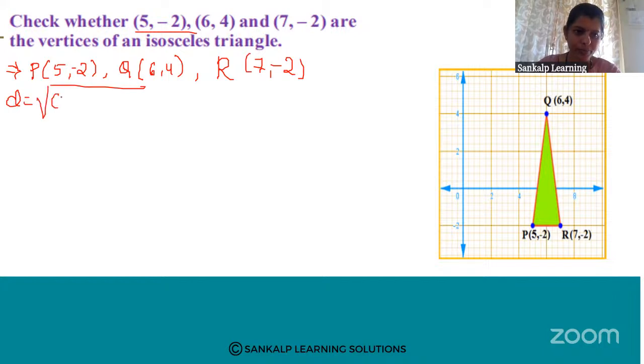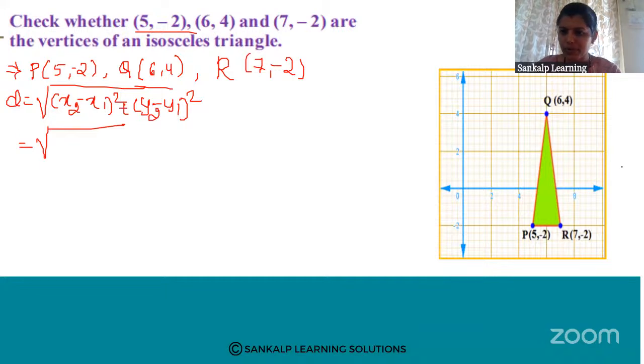Square root of x2 minus x1 whole square plus y2 minus y1 whole square. Now find out the distance between P and Q. First find out the distance between P and Q. So when you consider P to Q, this is x1, y1 and this is x2, y2.